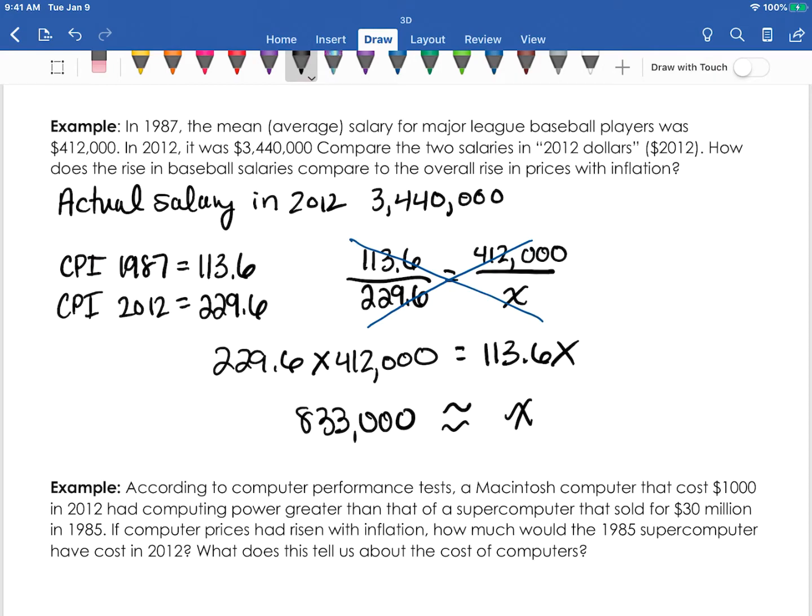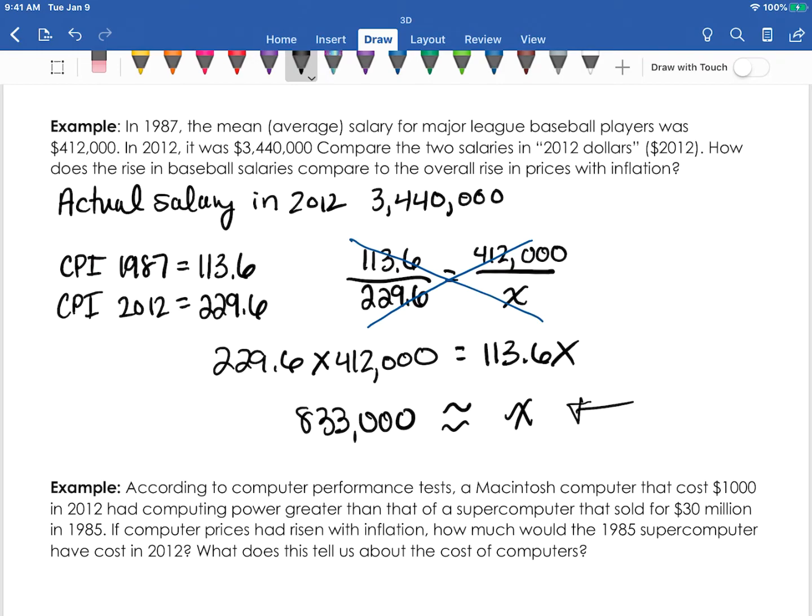So what this is saying is if we use the rate of inflation and we start at 1987, the salary of these baseball players in 2012 should be approximately $833,000. However, if you look at what they're actually making, it's over $3 million.